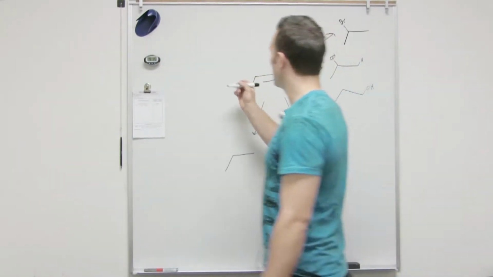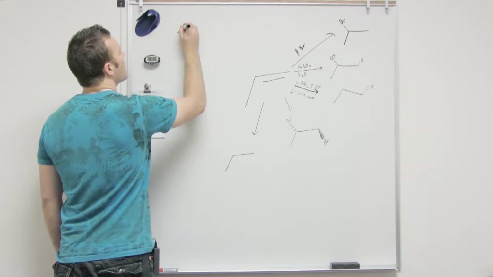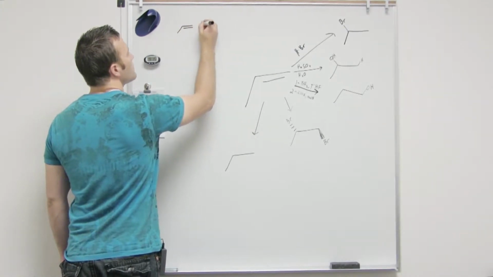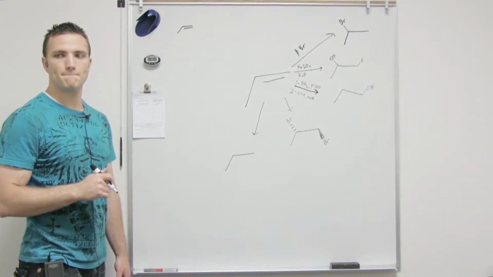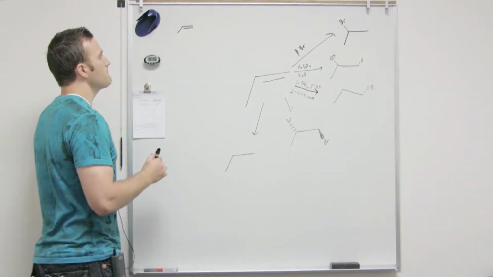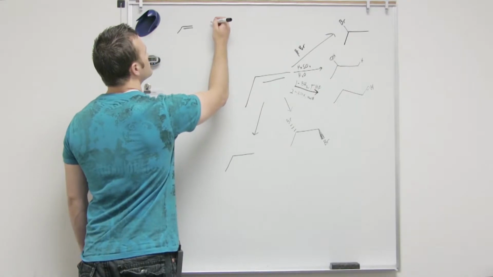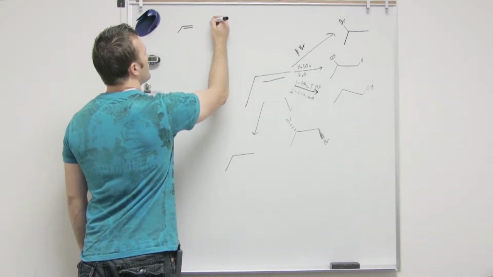We can draw it up here. The mechanism is just really small. Okay, so what are your reagents? What do you have to add? Br2 with water. Okay. Or Cl2 with water. Okay.